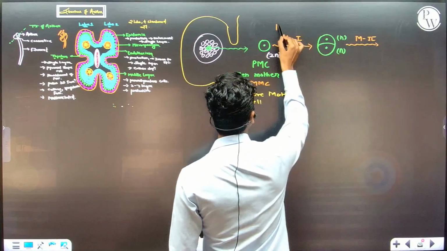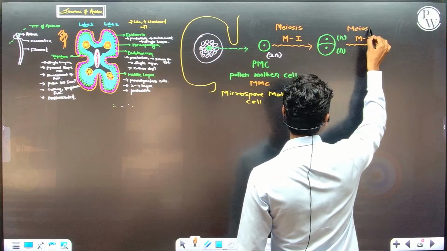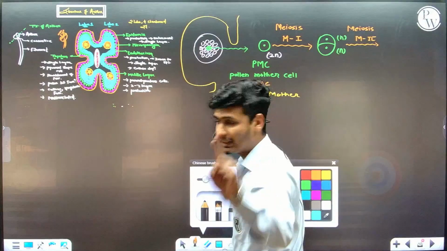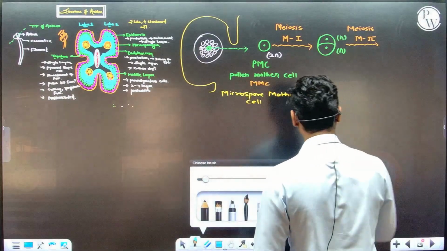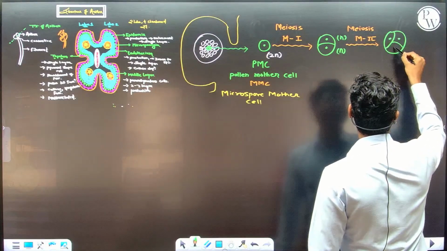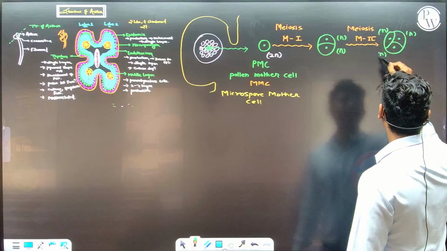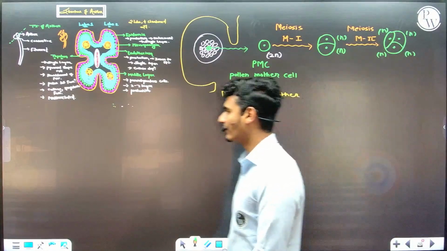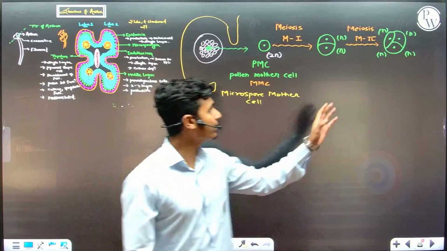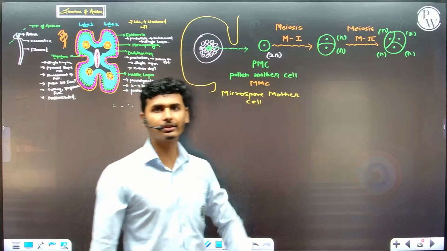This is one meiosis division only; there are not two meiosis divisions. After meiosis 2, there are N, N, N, and N. 4 cells are formed. The diagram looks like 3, and I am writing here 4.